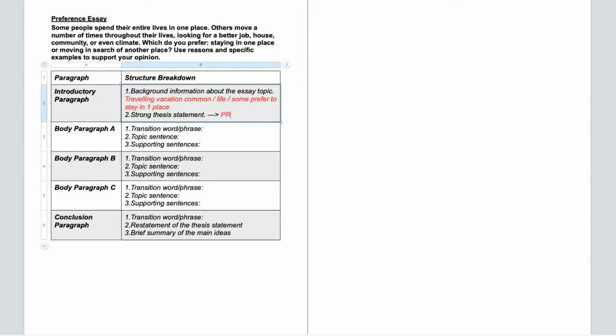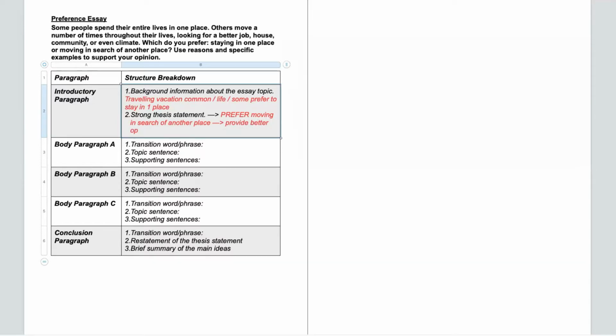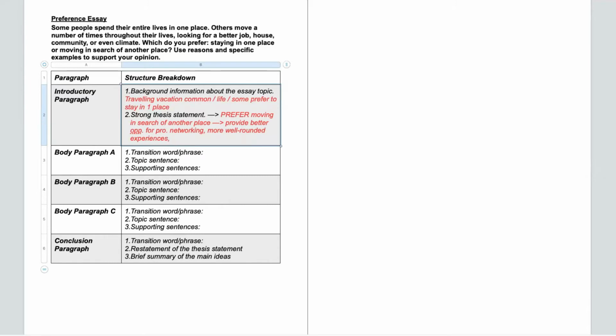So I am going to be very clear and say that I would prefer moving in search of another place because, and I'm going to make this arrow just so that it links it for me, because it would provide better opportunities for professional networking, more well-rounded experiences, and an open-minded approach to life.